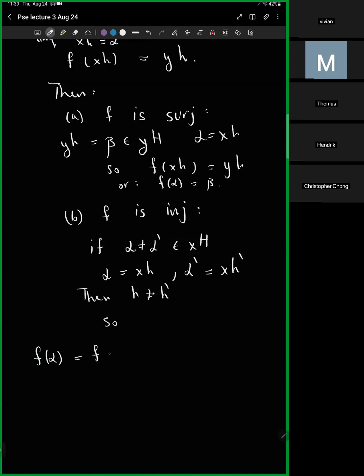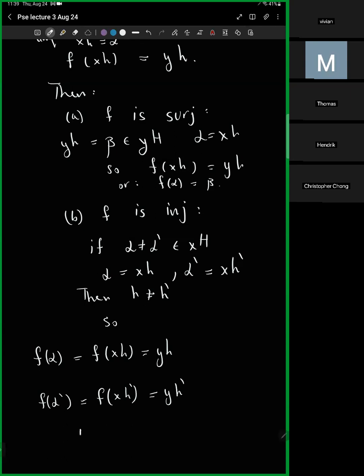By definition of alpha, this is f of xh. And by definition of f, this is yh. On the other hand, I have f of alpha prime, which by definition of alpha prime is f of xh prime. And by definition of f, it's yh prime.